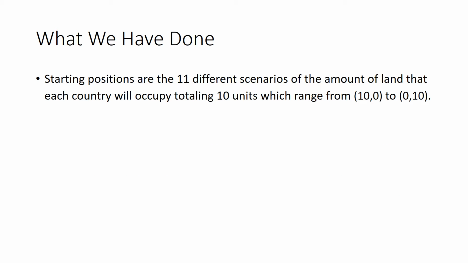Now let's start to talk about what we will be investigating. So starting positions are the 11 different scenarios of the amount of land that each country will occupy, again totaling 10 units, which range from 10-0, where X owns 10 land and Y owns 0 land, to 0-10, where X owns 0 land and Y owns 10 land.